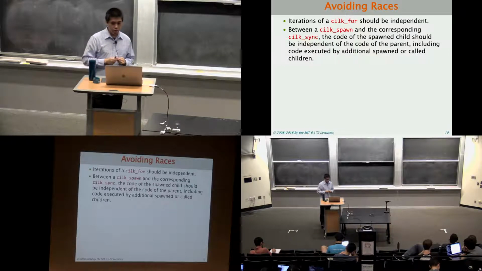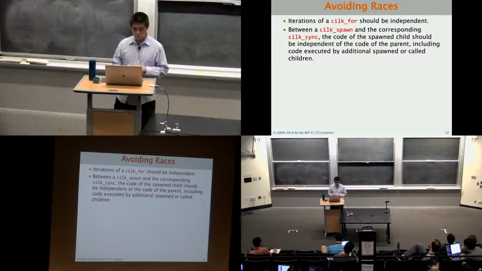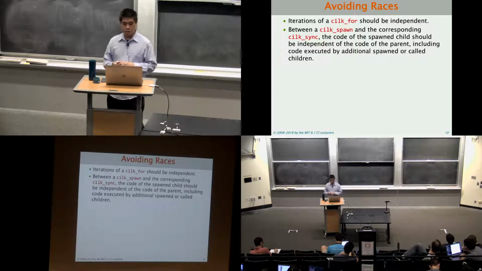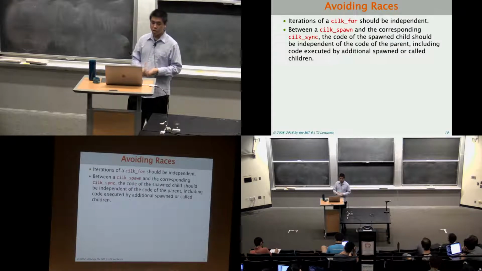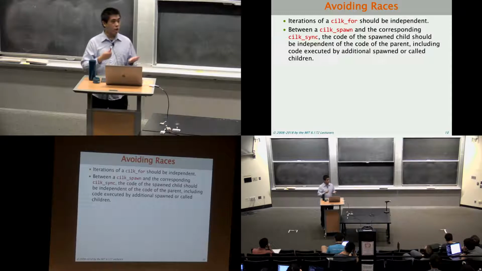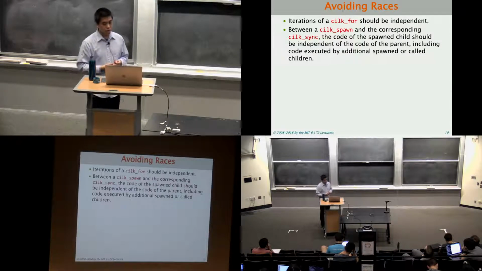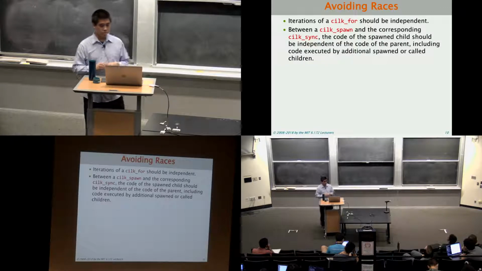Secondly, between a Cilk spawn statement and the corresponding Cilk sync, the code of the spawn child should be independent of the code of the parent. And this includes code that's executed by additional spawned or called children by the spawn child. So you should make sure that these pieces of code are independent. There's no read or write races between them.